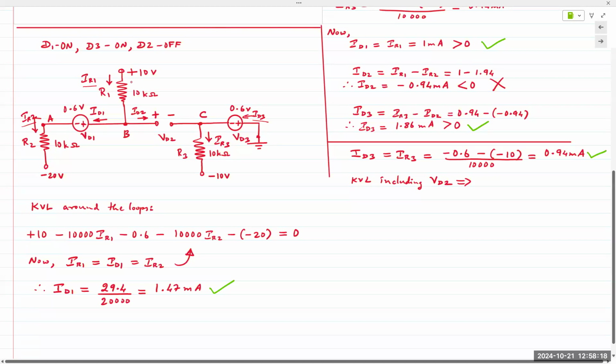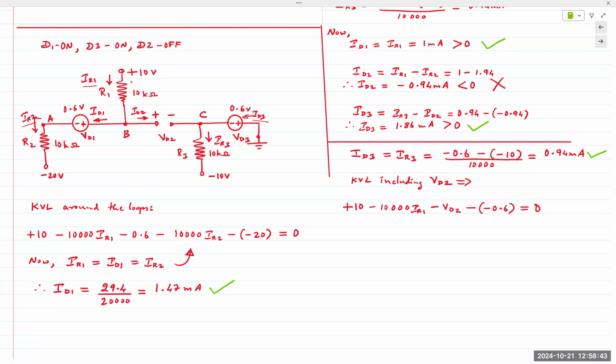Again, I start at the very top. I have plus 10 volts minus 10,000 IR1. And this time I have VD2, so minus VD2, and then minus 0.6 goes to ground, sums up to 0. Now we have two unknowns in here, VD2 and IR1.